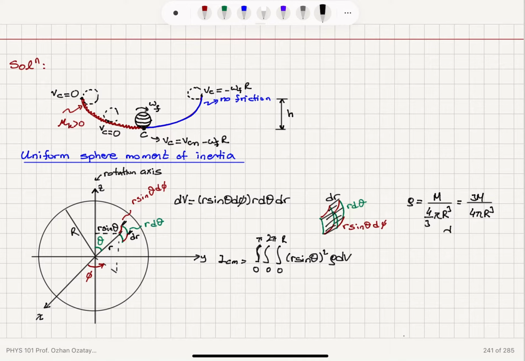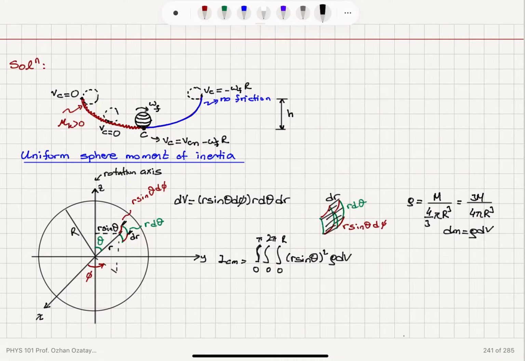So we can see that dm will be rho dV. As you know, the moment of inertia I is the integral of r squared dm, where r is the distance from the rotation axis, and for this volume element, that distance from the rotation axis will be r sine theta. The rotation axis is the z-axis in this case.